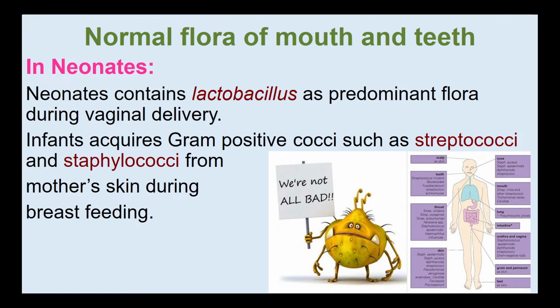Later, infants acquire gram-positive cocci, such as Streptococcus and Staphylococcus, from the mother's skin during breastfeeding. These are the first bacteria that start to colonize the mouth in newborns.